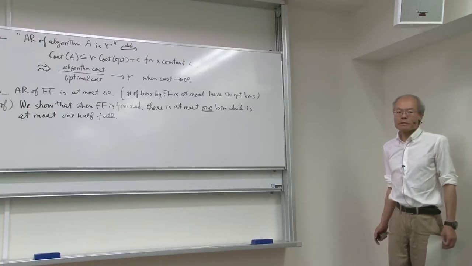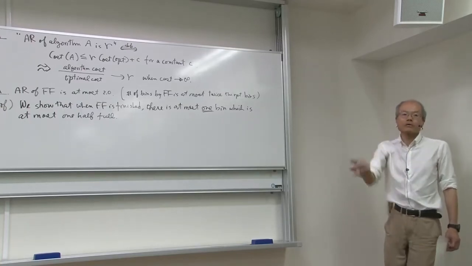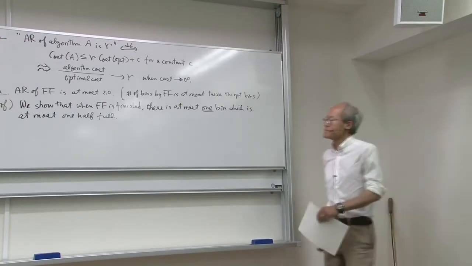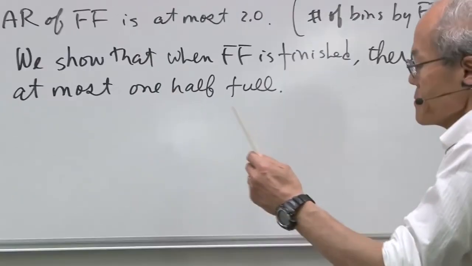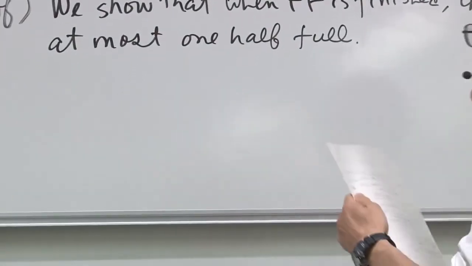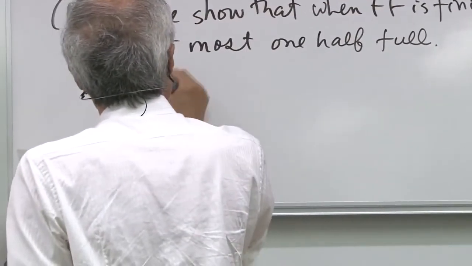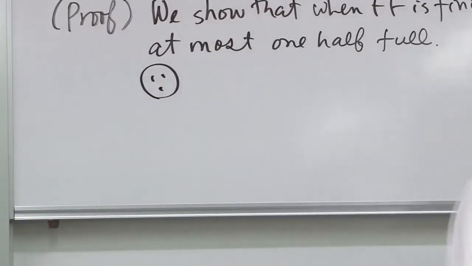All the other bins are more than half full. Why?